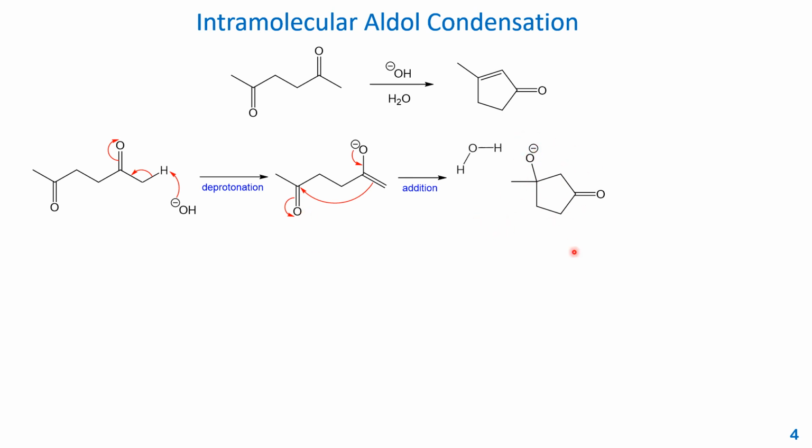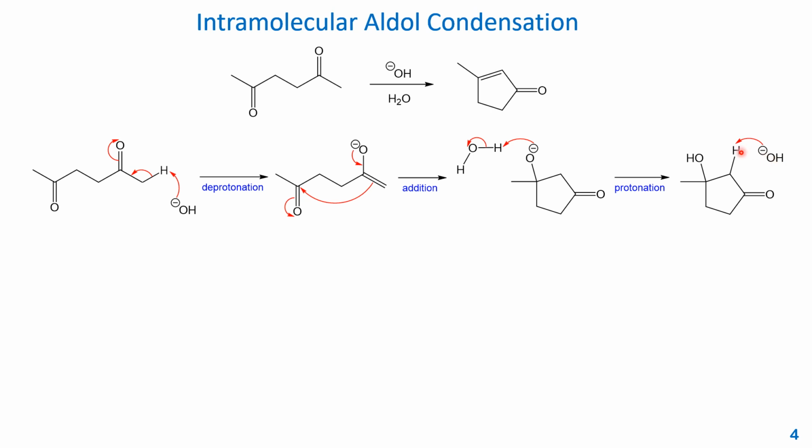So this will get protonated by water. Again, the electron from oxygen attacks this proton and pushes the sigma electron to the oxygen to form a neutral intermediate. And the next will follow the E1CB mechanism. So the base will deprotonate this alpha proton.